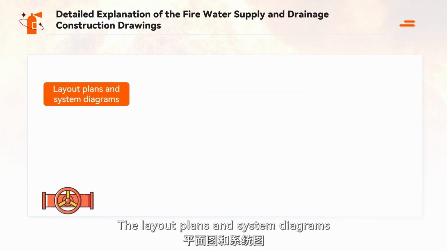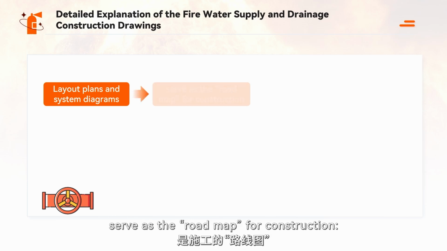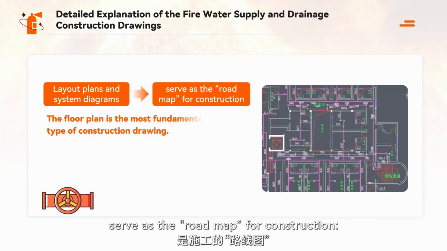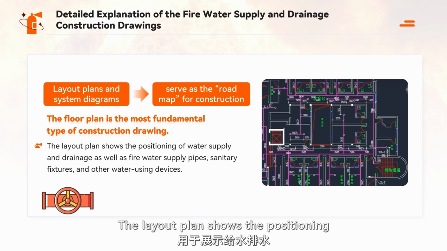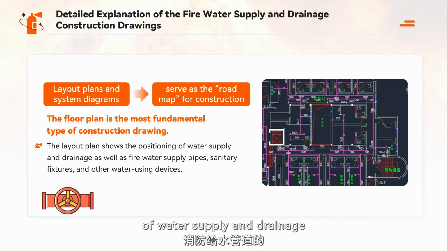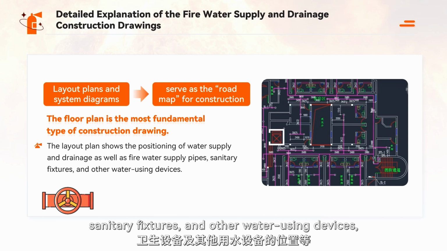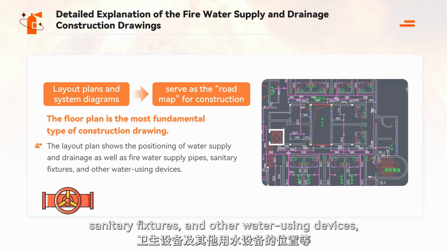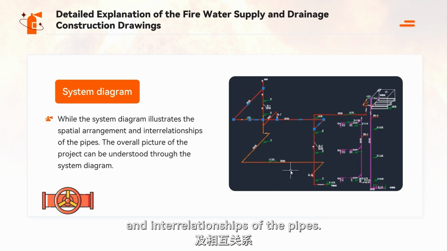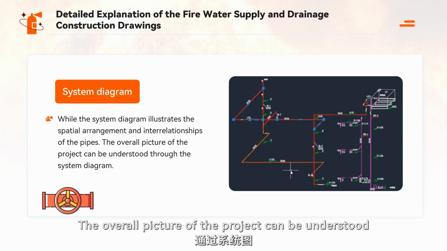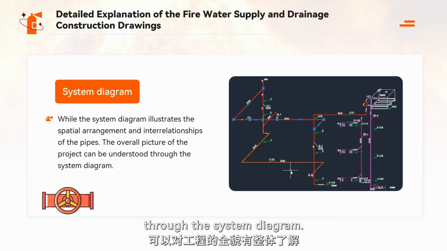The layout plans and system diagrams serve as the roadmap for construction. The floor plan is the most fundamental type of construction drawing. The layout plan shows the positioning of water supply and drainage, as well as fire water supply pipes, sanitary fixtures, and other water-using devices, while the system diagram illustrates the spatial arrangement and interrelationships of the pipes. The overall picture of the project can be understood through the system diagram.